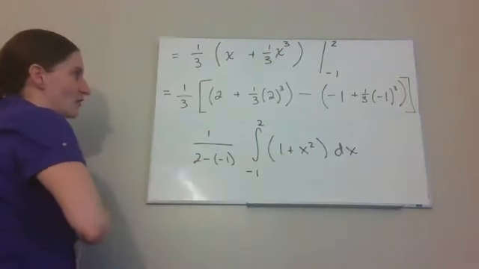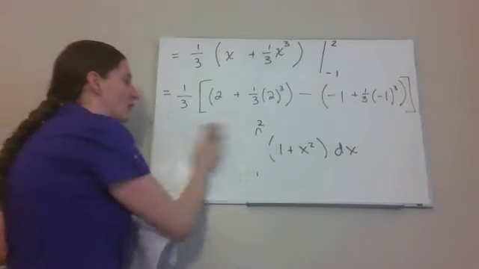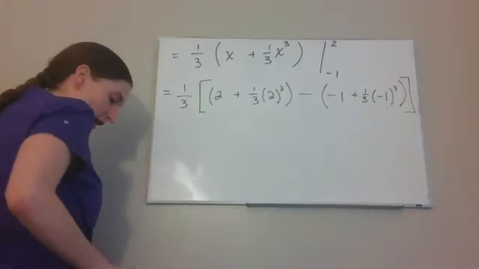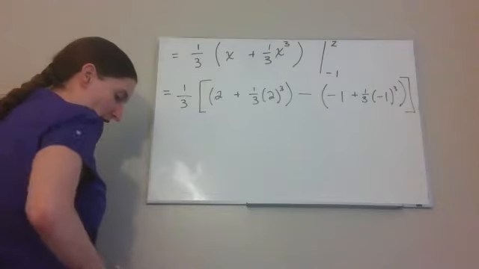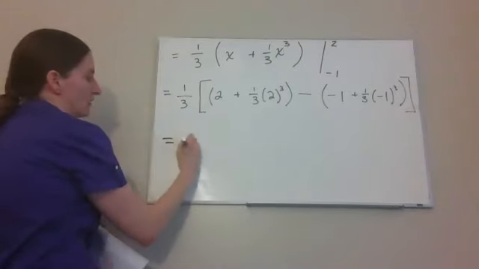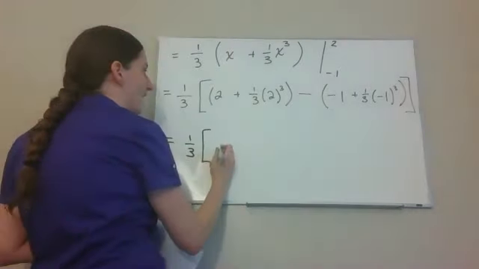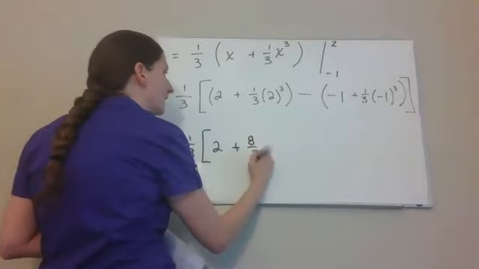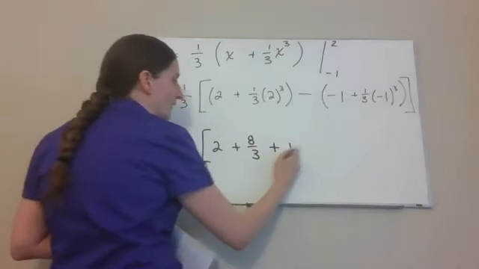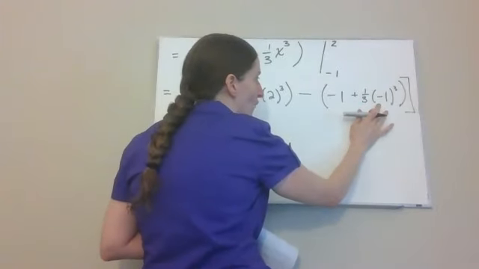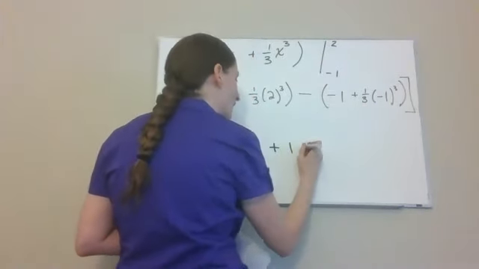And so now I just have to simplify this and just be careful with my negative signs. So I have a 1/3 on the very outside. And then inside, I have a 2 plus 8/3 minus -1, so that's +1. And then -1 to the 3rd is -1, so I have minus -1/3.